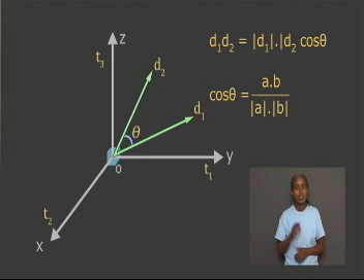You see, students, we find out that the cosine is equal to the dot product of the two vectors over the product of the two vectors' magnitudes. It is important to note that the scalar product of the unit vectors is 1.